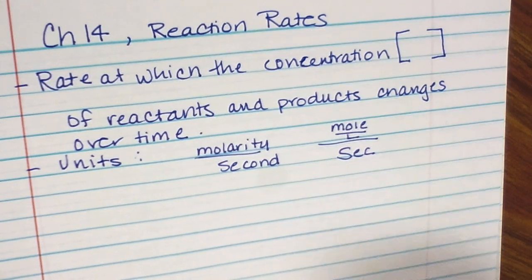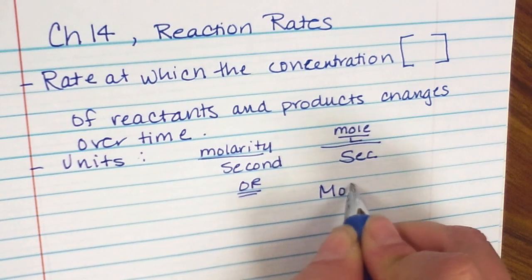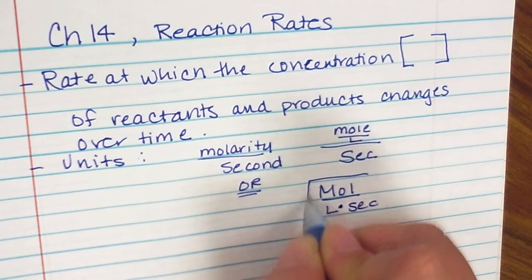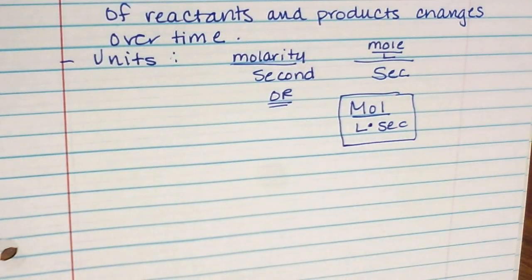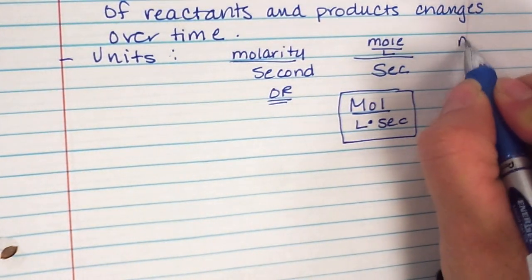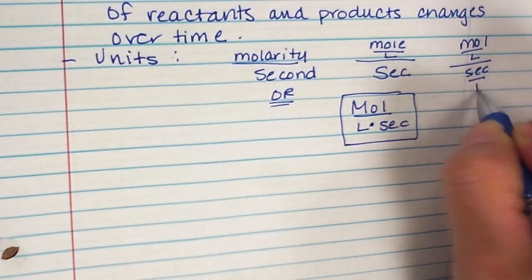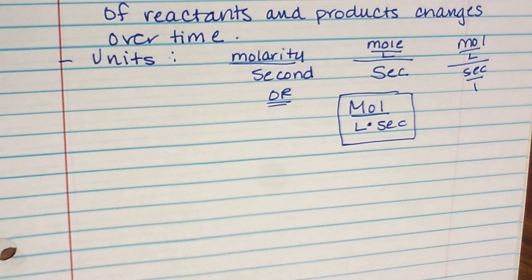Or a better way to look at it, moles per liter seconds. So this is basically the unit that we use, is moles per liter seconds. Does that make sense? All right, moles per liter seconds. Got it? Everybody okay? All right.